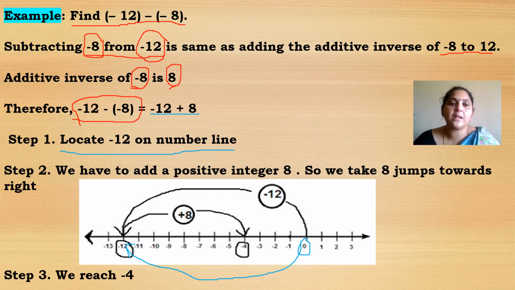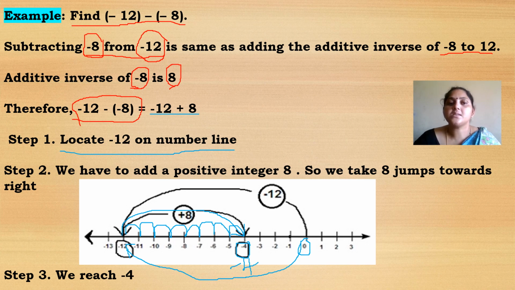From minus 12, we have to move forward to get our positive integer. Towards the right, we have to move from minus 12, 8 steps: 1, 2, 3, 4, 5, 6, 7, 8. So from minus 12 I am moving forward 8 positive numbers. So what will be our answer here? When I reach here it will be minus 4. So our answer is minus 4.